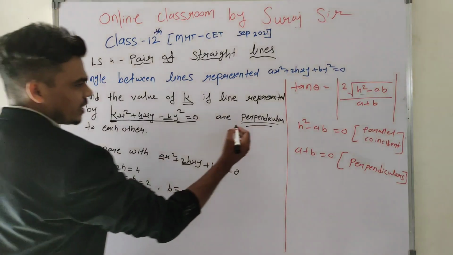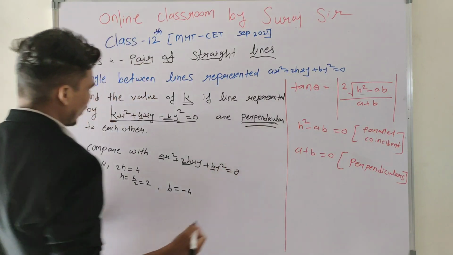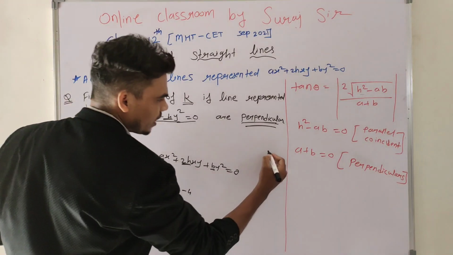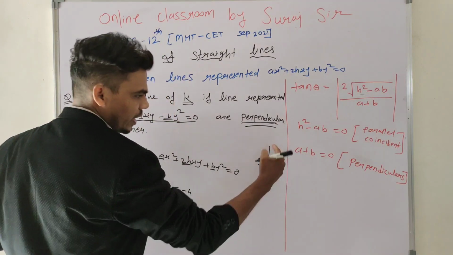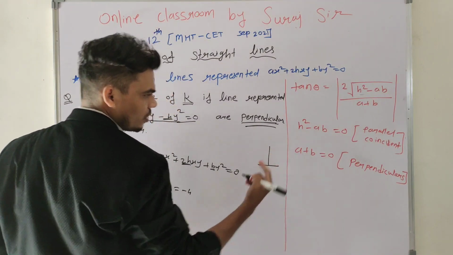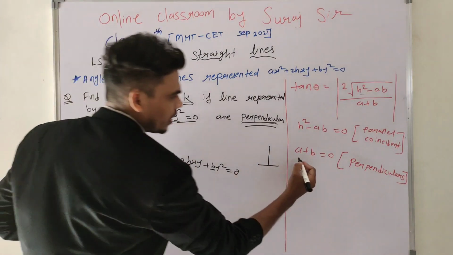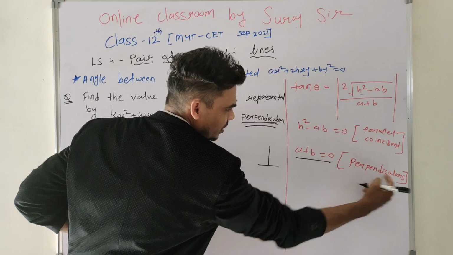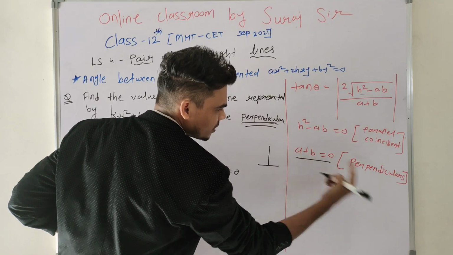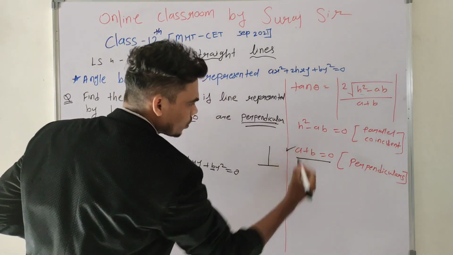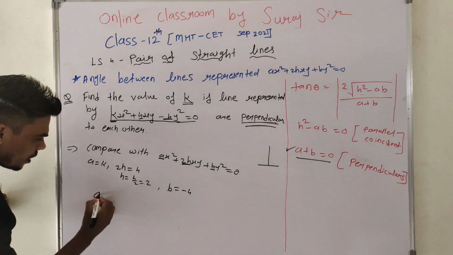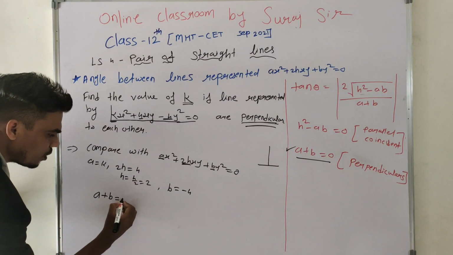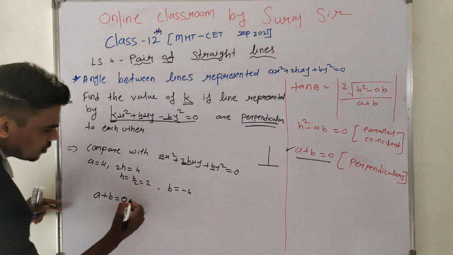But the given condition is that the lines are perpendicular to each other. The condition for perpendicular lines is a plus b is equal to 0.